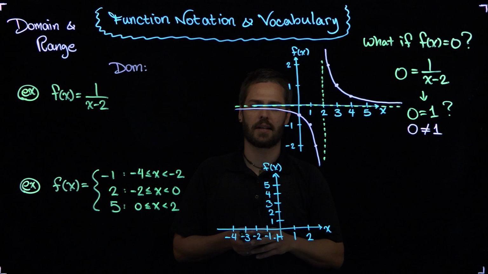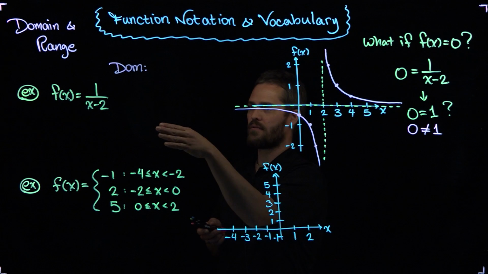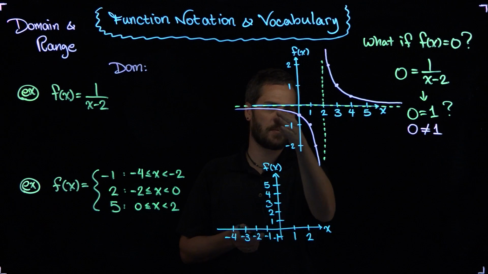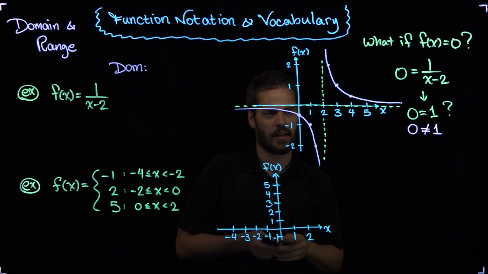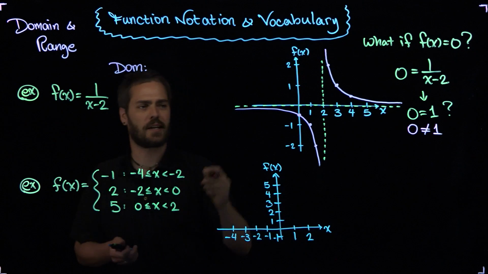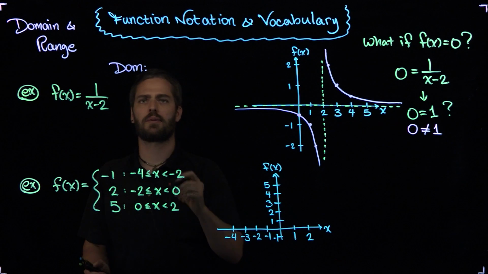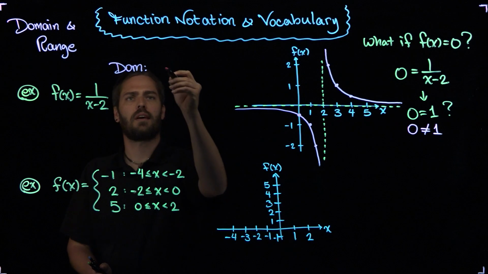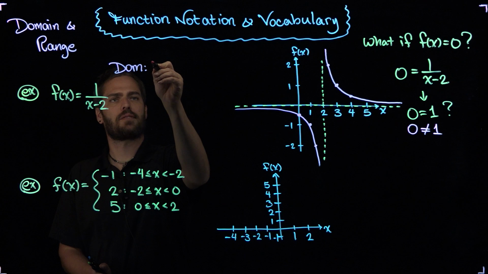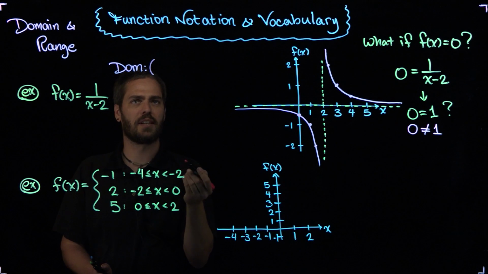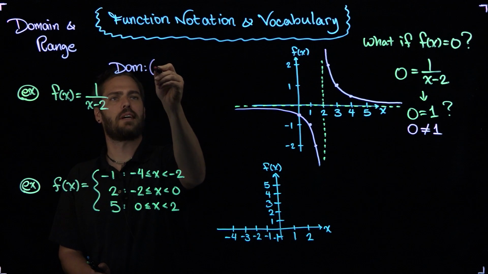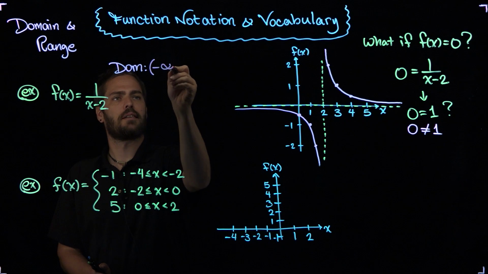So it looks like we can go all the way out to negative infinity. We can come in from negative infinity, but then we're stuck at 2. We're not allowed to hit 2. So how do we say coming in from negative infinity but not hitting 2? We say it like this. Infinity never counts. We can't include it, nor can we include negative infinity, because it's more of an idea instead of a number.